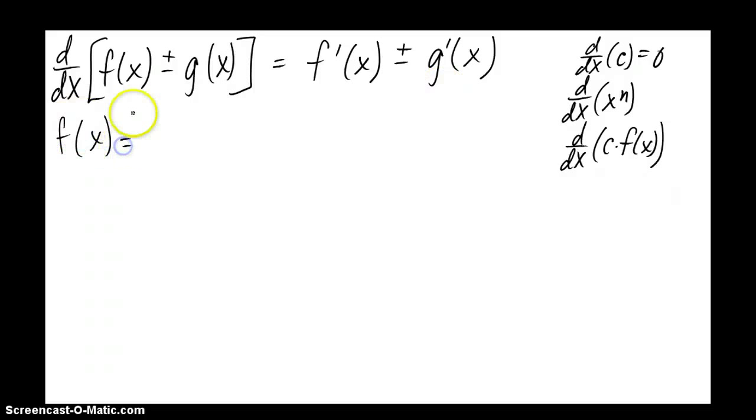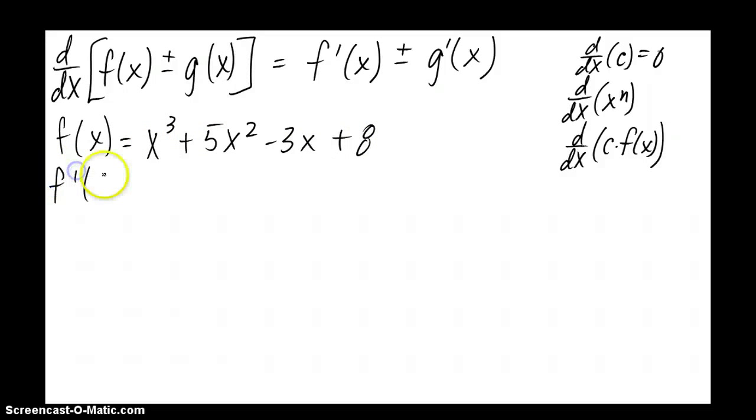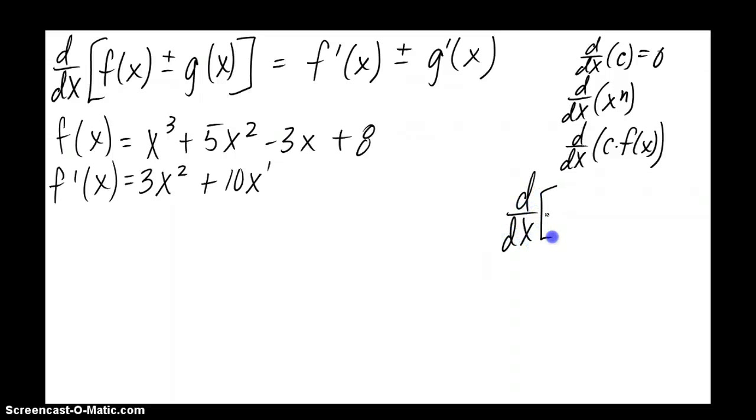So f of x equals x cubed plus 5x squared minus 3x plus 8. I can look at these individually as 4 separate functions, and to find the derivative, I just apply the appropriate rule to each term. The derivative of x cubed using the power rule is 3x squared, plus the derivative of 5x squared: 5 times 2 gives me 10x, subtract 1 from the original exponent. The derivative of negative 3x, let's talk about that for a second.